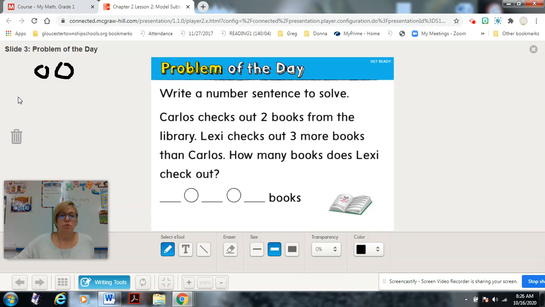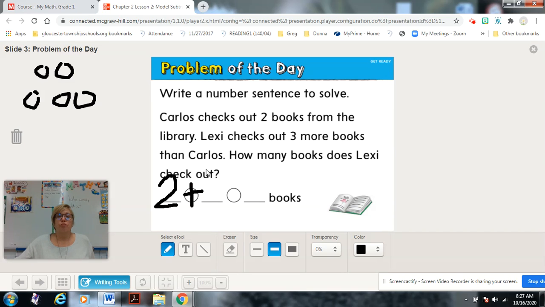So she had the same number and then 3 more. Oh, that circle's not closed. There we go. How many books does Lexi check out? Well, right here and here are the numbers that we need for our addition number sentence. So here we go. 2, and don't forget your symbol. Since she got more books, we know that it's going to be plus.